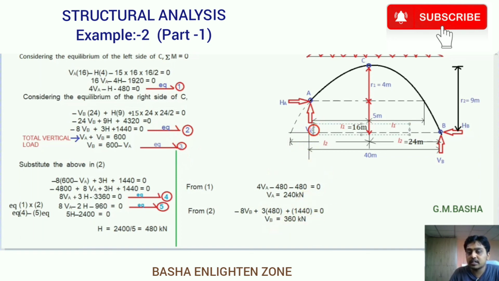So please mention those values also. VA will be equal to 240 kilonewtons. Again VB is 360 kilonewtons. Okay, so this is the procedure for finding horizontal thrust and vertical reaction.